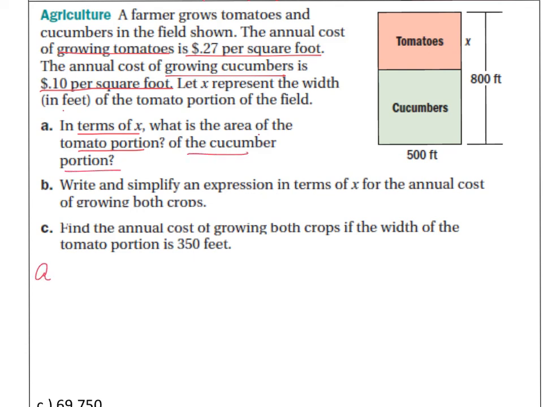Okay, so here it says, let X represent the width of tomato. So for tomato, let's use T, because it's 500 here, so it's also 500 here.